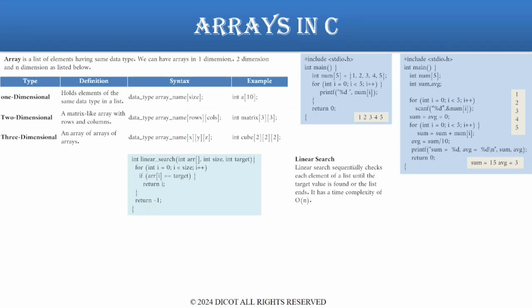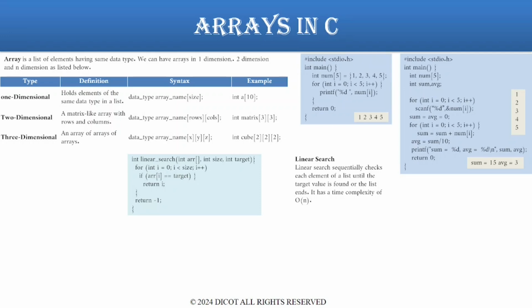If no, return a value -1 to indicate the element is not found. You can only confirm that the element is not found when you have scanned the entire array. That means you can return a value -1 at the end of the loop. In linear search, we search the entire array to see if the target element is present in the array or not.